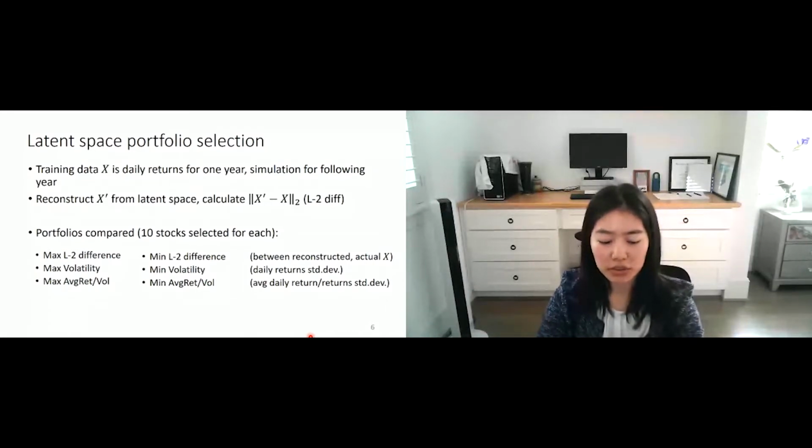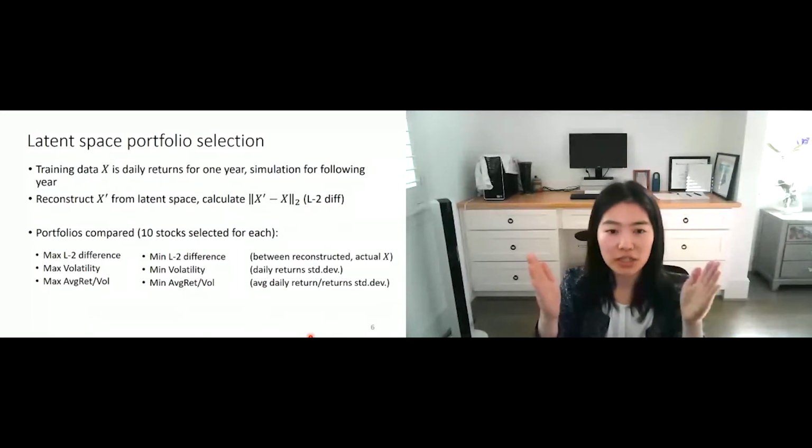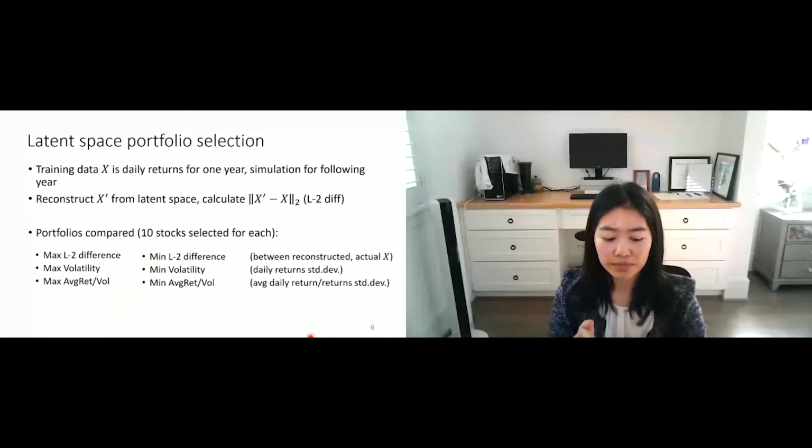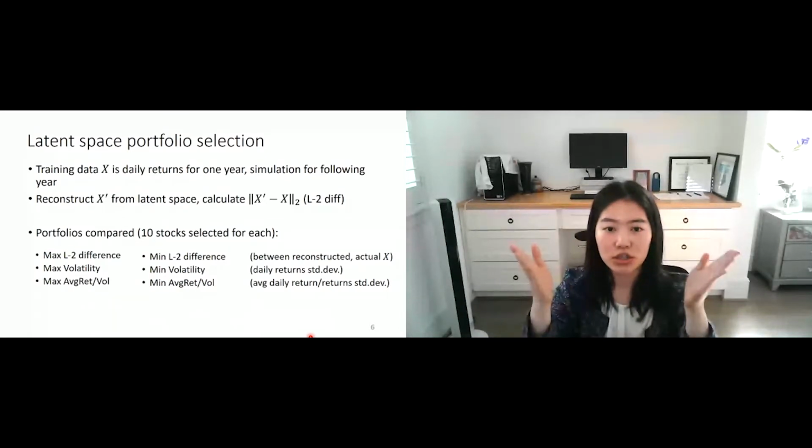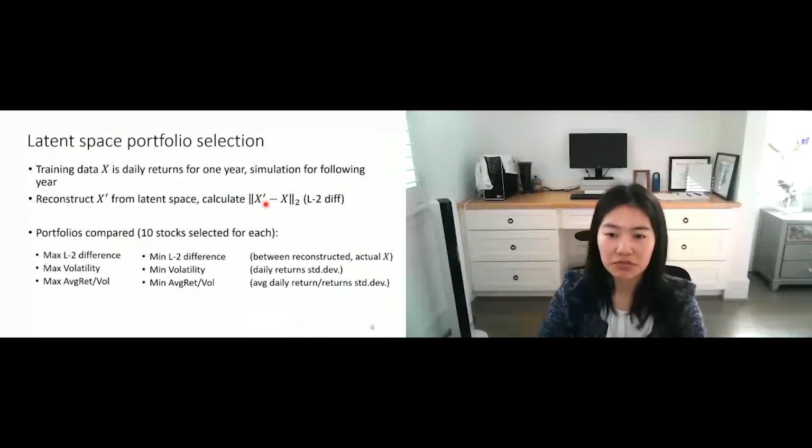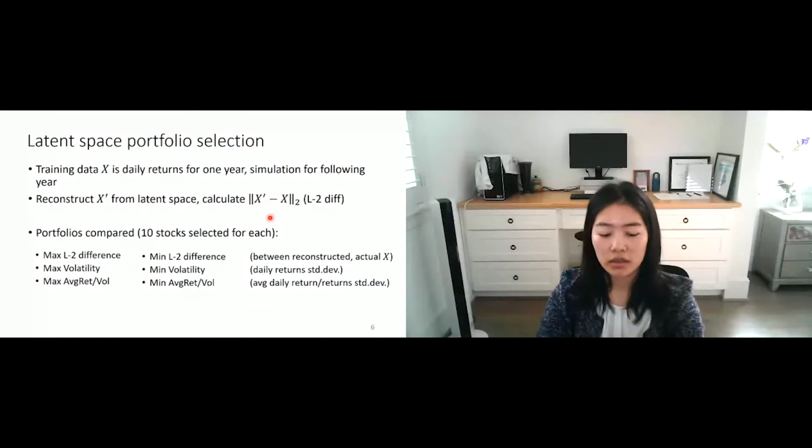So we have daily returns for 1 year, which is 250 dimensions, and then we can reduce it to a smaller dimension, and then we can reconstruct back to 250. So we can take the difference between the reconstructed data and the original data and take the L2 norm. And this is our measurement of reconstruction error.